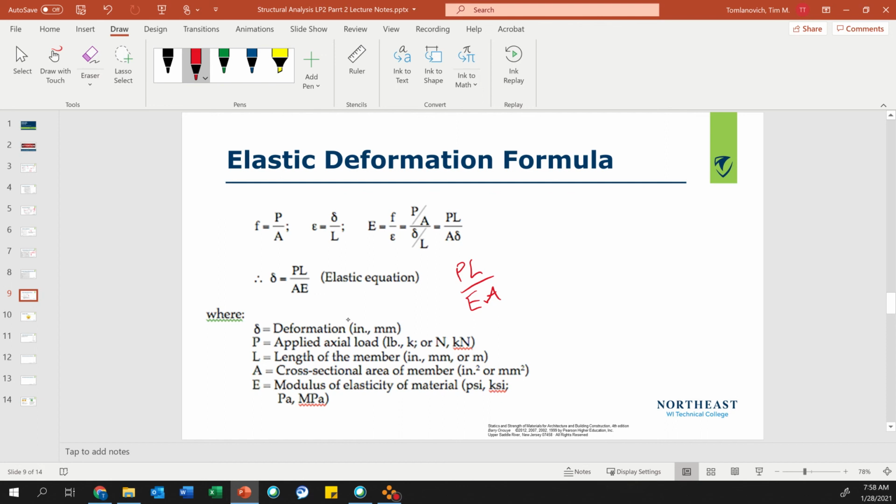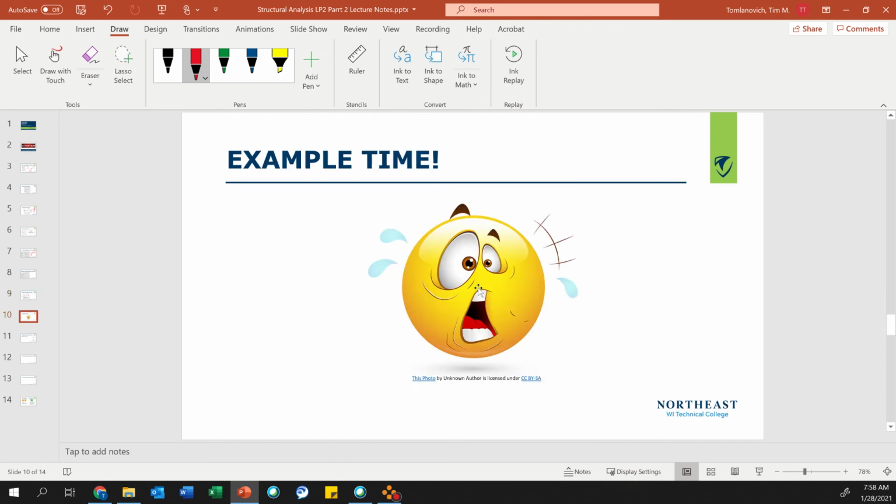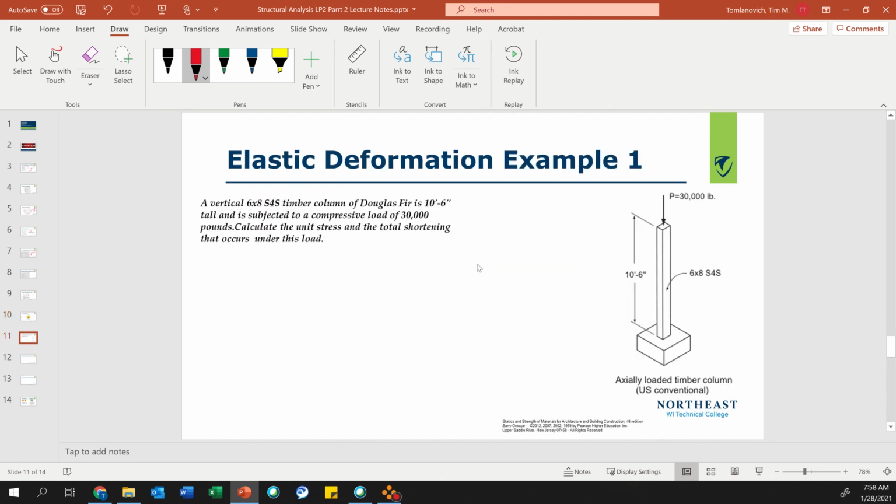If I want my deformation in inches, my length better be in inches. If I want my deformation in feet, my length better be in feet. Cross-sectional area, same thing: deformation in inches, we need inches squared. Make sure your units are consistent, otherwise this will not work out. With that, let's do some examples.